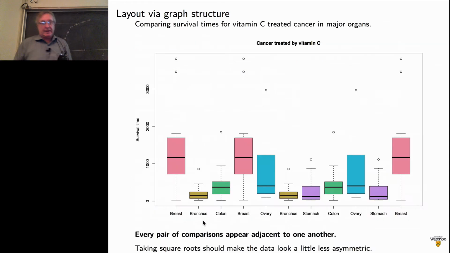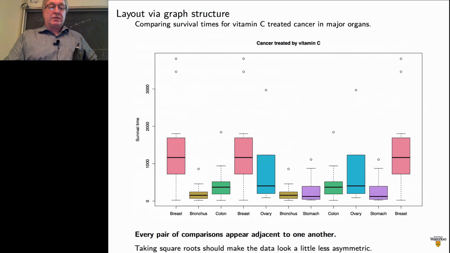So we do that, we get that. And so now visually we have pink is the same cancer. This green is the same cancer, this blue is the same cancer, purple and that sort of olive green also. And we have every pairwise comparison appearing right beside each other.